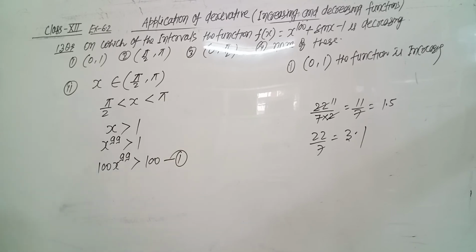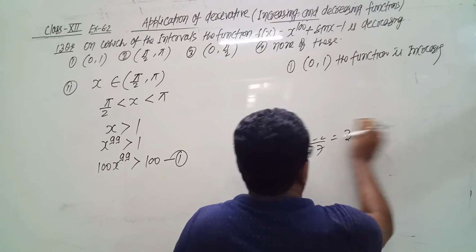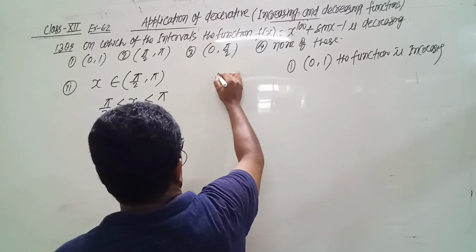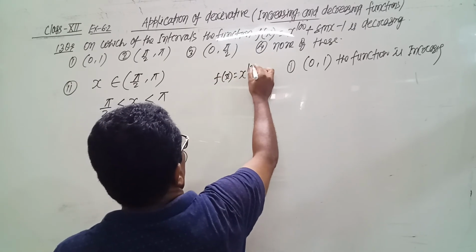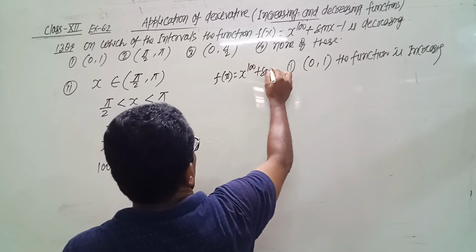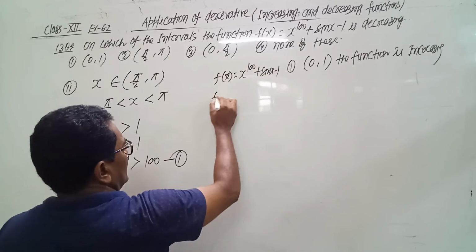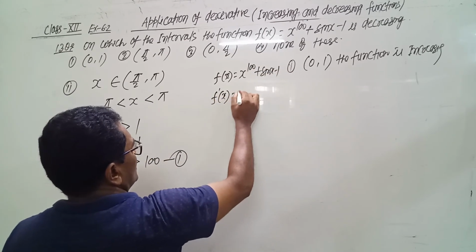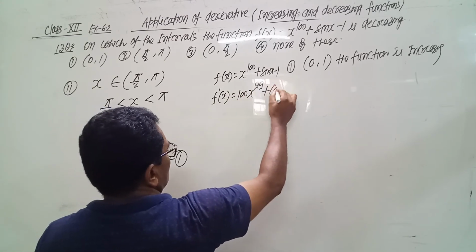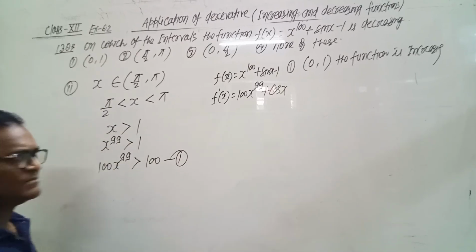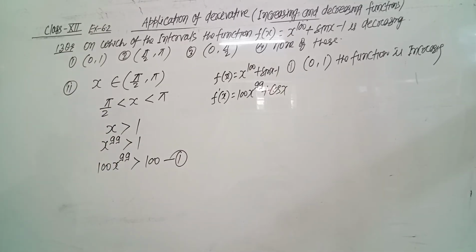Name it first equation. The function which we had given is f(x) equals x raised to the power 100 plus sin x minus 1, and f dash x is 100 into x to the power 99 plus cos x. This is the value of f dash x.